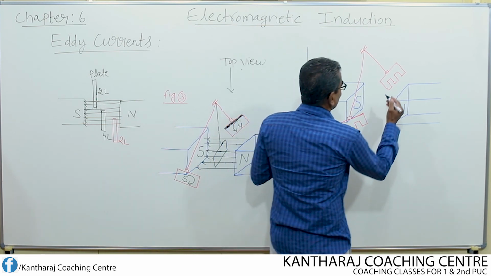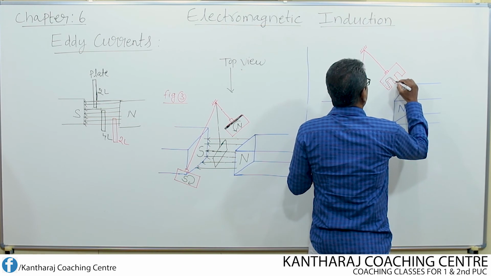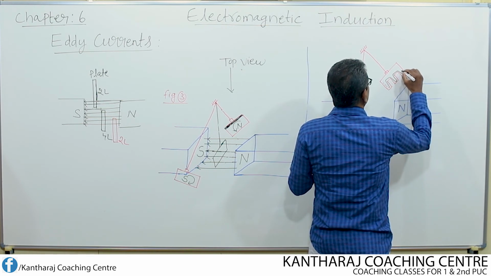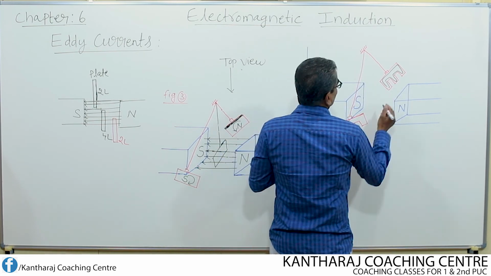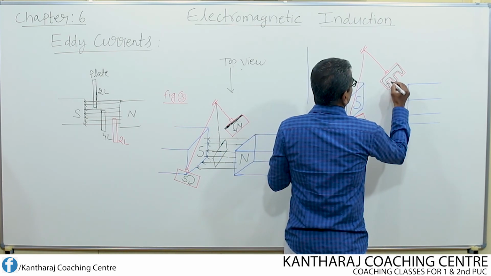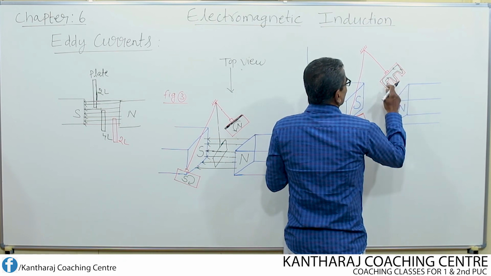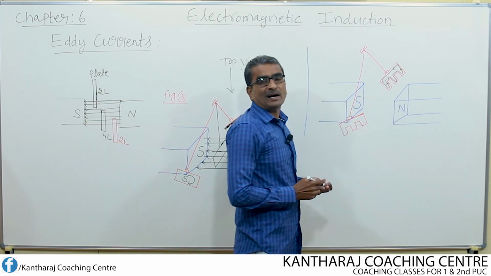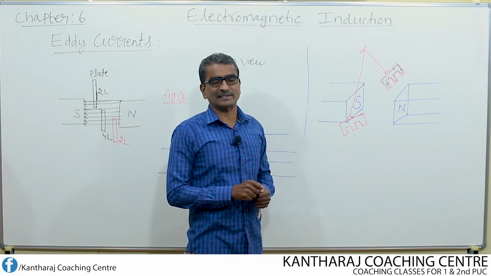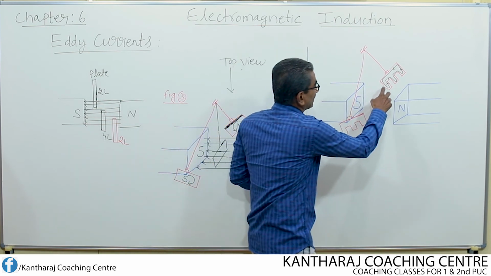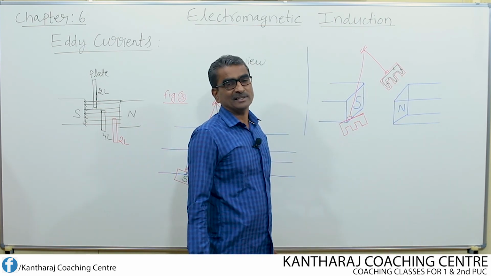Look here. Suppose I consider this as the path of the eddy current. Now what happens is the path of the eddy current increases. I am not saying that the magnitude of the eddy current increases. I am saying that the path, the length travelled by the eddy current, increases.